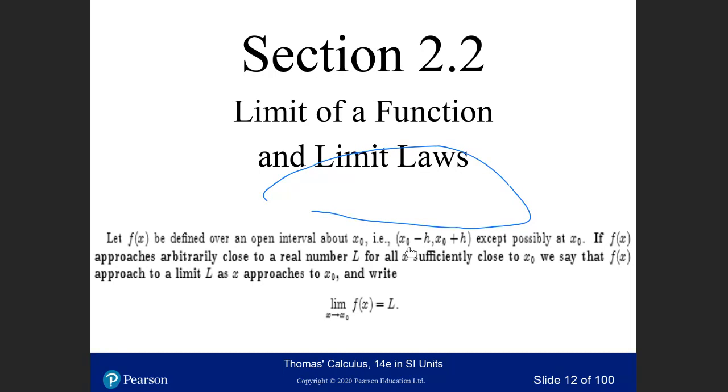Does it approach a real number or not? That's what limit is about. I don't care what happens at x0, and the function may not be defined at x0. But what I'm interested in is how my function behaves when my independent variable approaches a point. So this is the basic idea about limits.